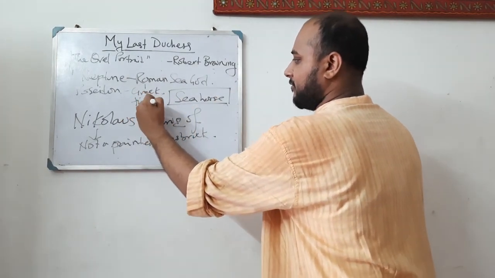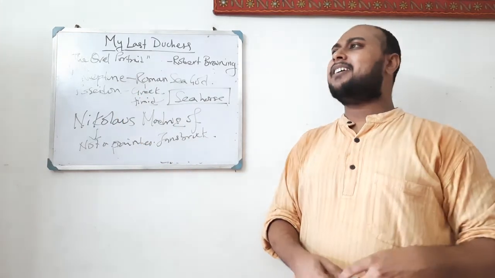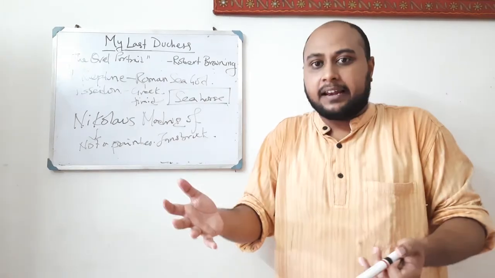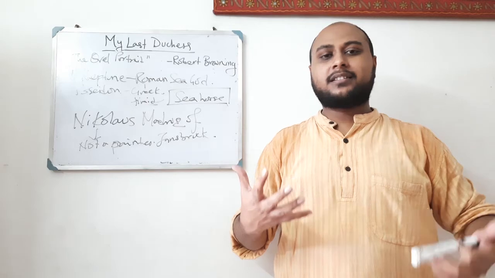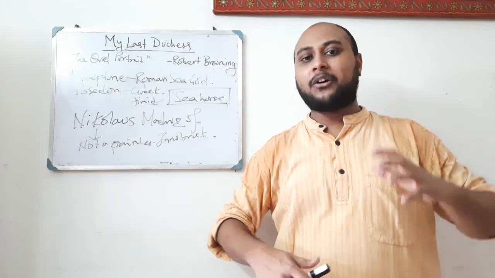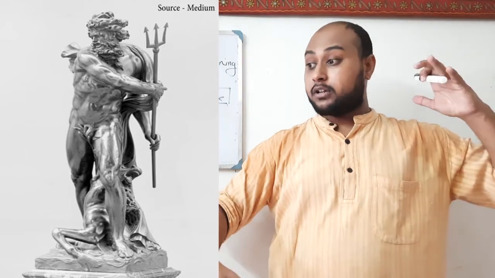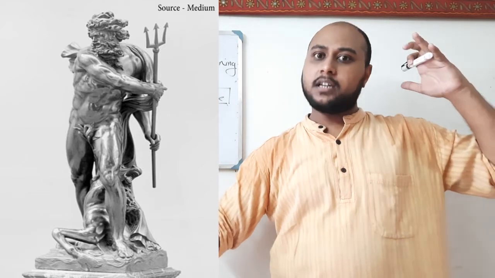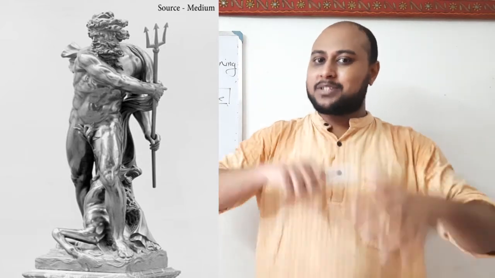So a seahorse is a rather timid creature. A seahorse is not a shark. A seahorse is not a leviathan, not a whale. A seahorse is a very small creature, and there is nothing really big about controlling a seahorse. But Neptune, the god, is actually trying to control a timid creature, a seahorse. And this, in a way, tells us a lot about the Duke himself.